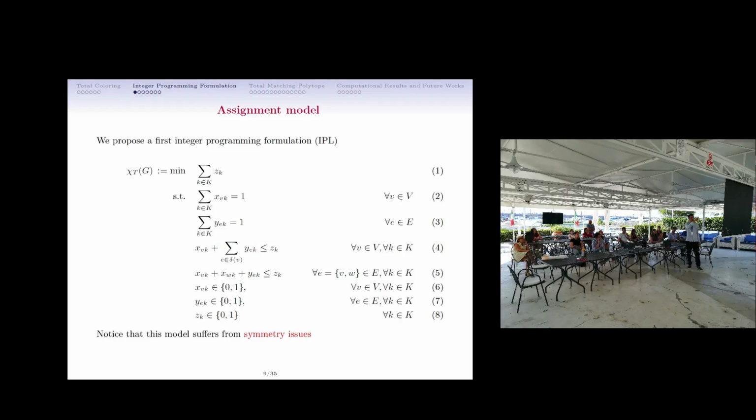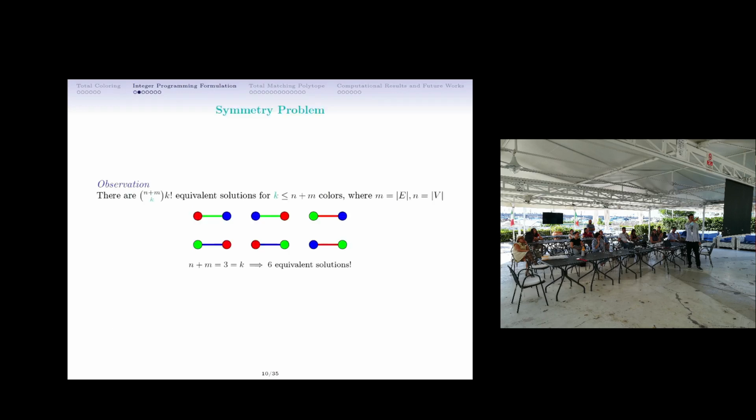This model is very easy to write, but it suffers from symmetry issues, in the sense that any permutation of these colors gives the same optimal value. Graphically, we can see that in this tiny graph with 2 vertices and 1 edge, we have a valid total coloring: blue, green, and red.